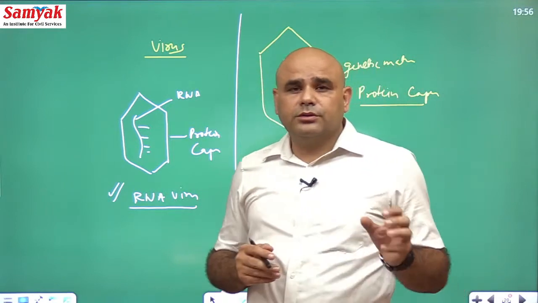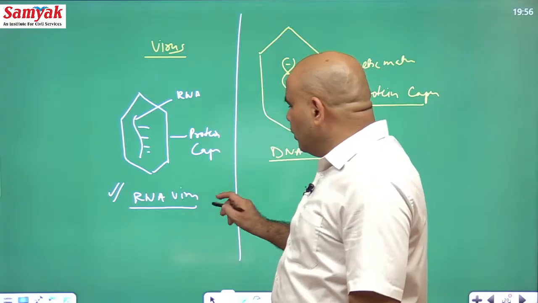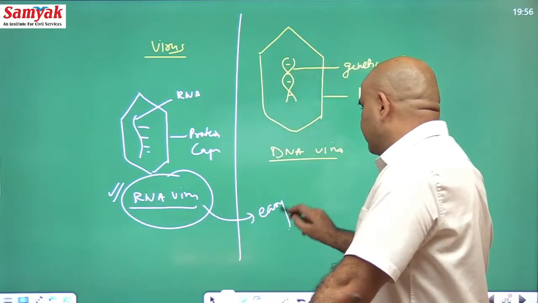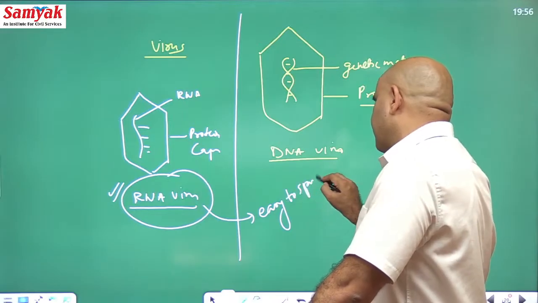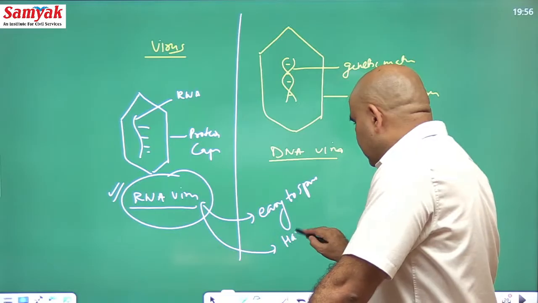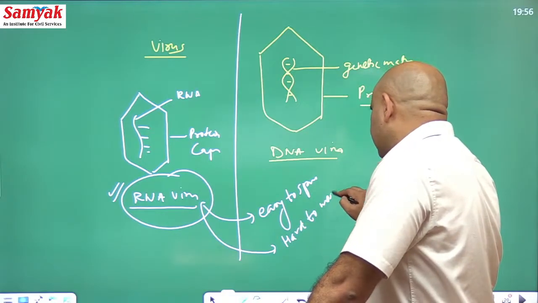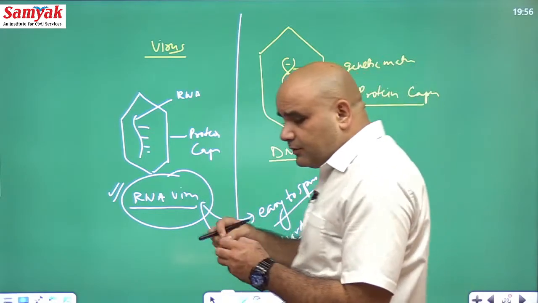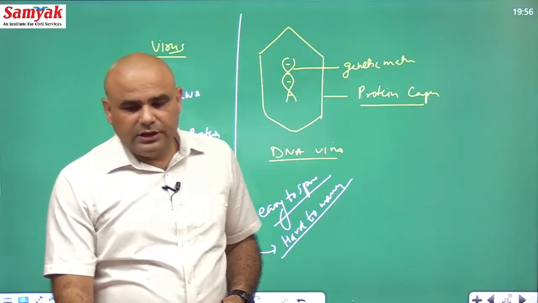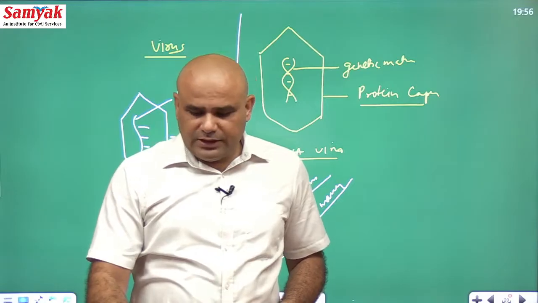They are more in news. Why they are more in news? Because most of the infections of RNA viruses are easy to spread. Most of the RNA viruses, they are hard to manage. Hard to manage means infections will spread very quickly. So it will be very difficult for any of the person to manage them.